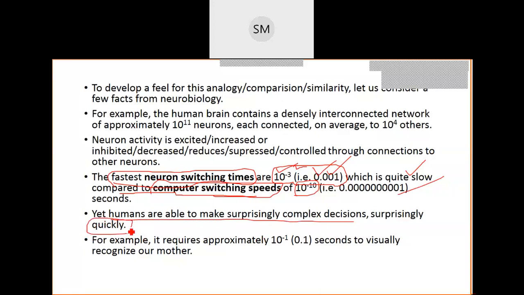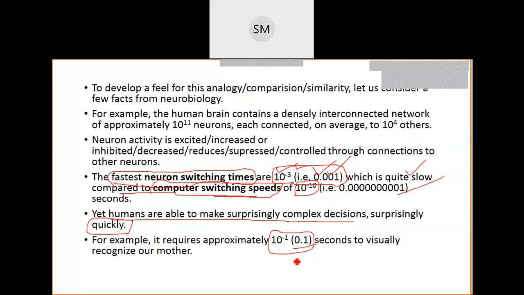Of course, we make decisions and we make them quickly, but machines can take decisions even more quickly than us. Sometimes, if we are very familiar with something, we can take decisions immediately. It is 10 to the minus 1, or 0.1 second.